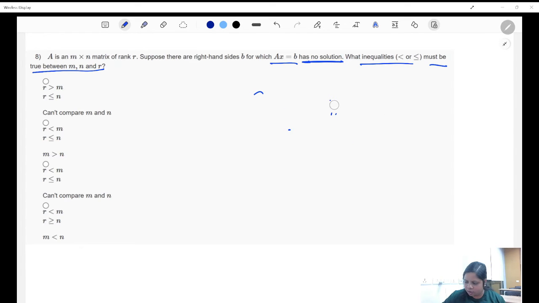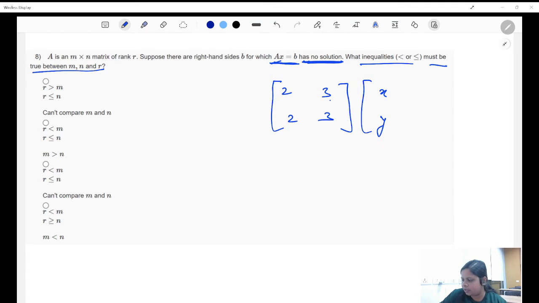Now, if we write a matrix which is in the form of Ax equals b, okay, so what it would be if I write the same thing, 2 3, right? It would be x and y. It would be 5 and 11.